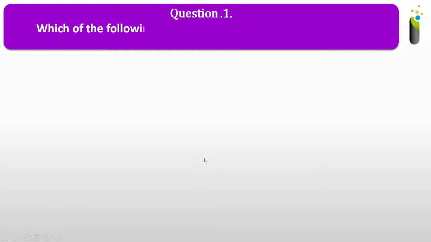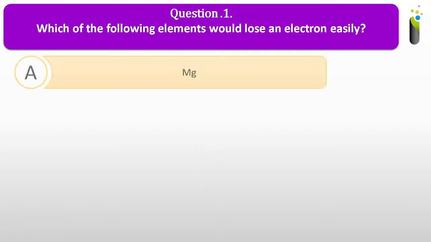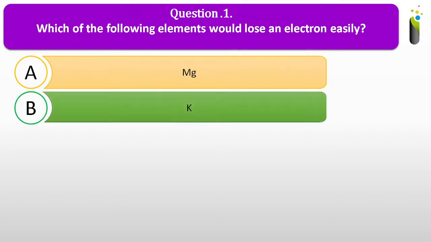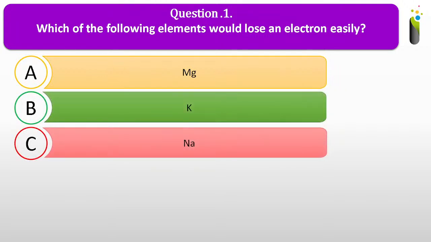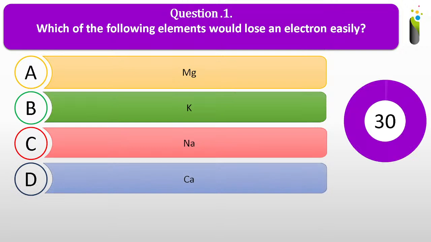Question number one. Which of the following elements would lose an electron easily? A. Magnesium. B. Potassium. C. Sodium. D. Calcium.